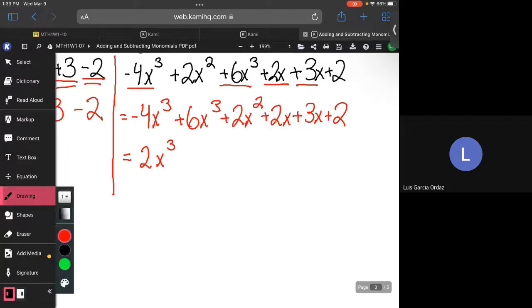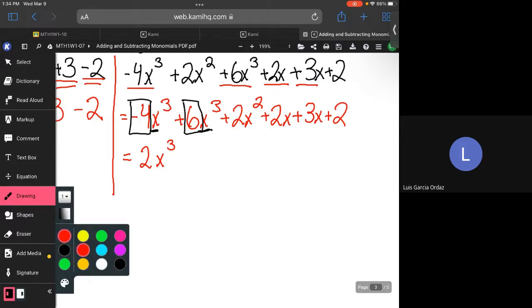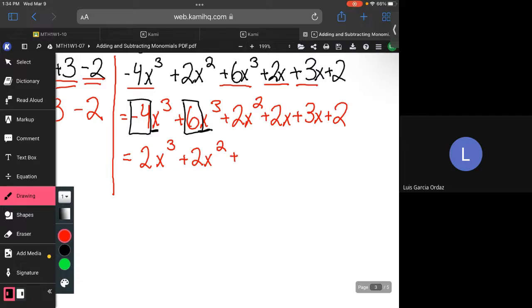All you're doing is you keep your variable part, you're just subtracting or adding the coefficients. So in this case, I had negative 4 plus 6, which is 2. So I got 2x cubed plus 2x squared. And what is 2x plus 3x? Plus 5x plus 2.